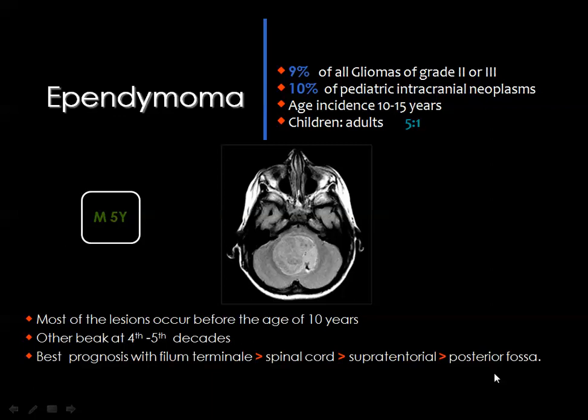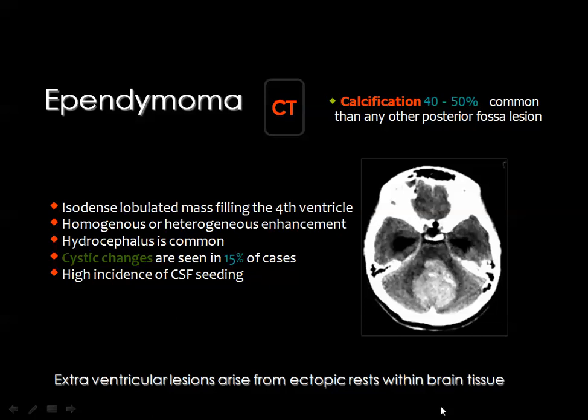And ependymoma will show a mass which is of relative isodensity to the brain parenchyma. It is located in the midline region of the posterior fossa, centered actually on the fourth ventricle. And this is one of the common lesions that can show calcium in the posterior fossa, and the calcification ranges between 40 to 50% in ependymomas.